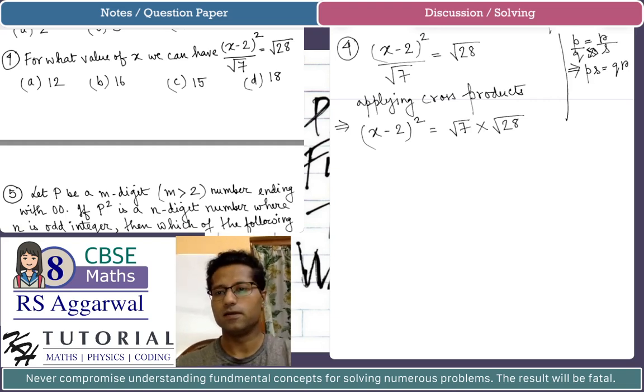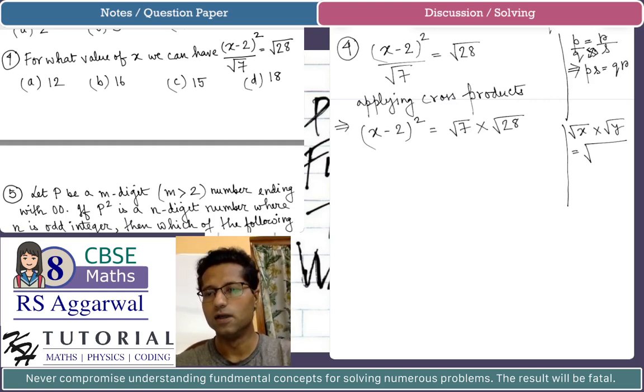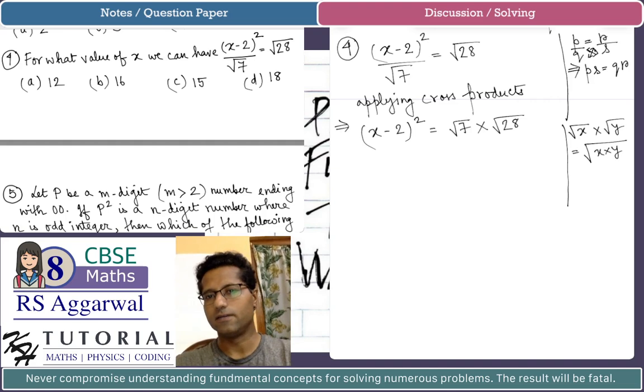Always try to apply this formula first: for any positive numbers x and y, the square root of x multiplied by the square root of y is equal to the square root of x multiplied by y. As soon as you multiply x and y, that number could well be a perfect square.